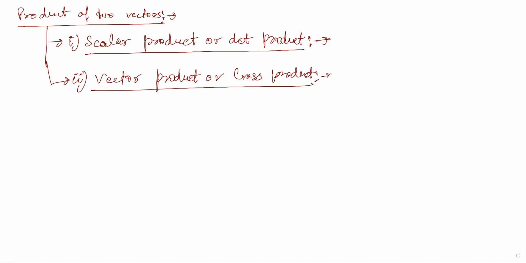Now, as the name already suggests, the scalar product is a type of product in which the output is a scalar quantity, and vector product is such a product in which two vectors multiply to give you another vector, right? Now, what are their physical significance and how do we do them mathematically? We'll understand both of them. So first is scalar product.